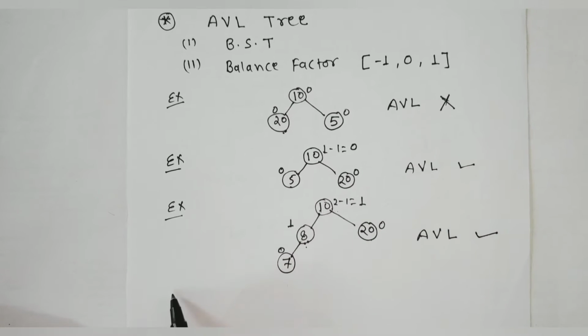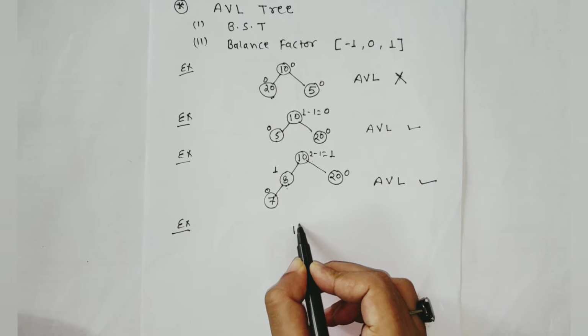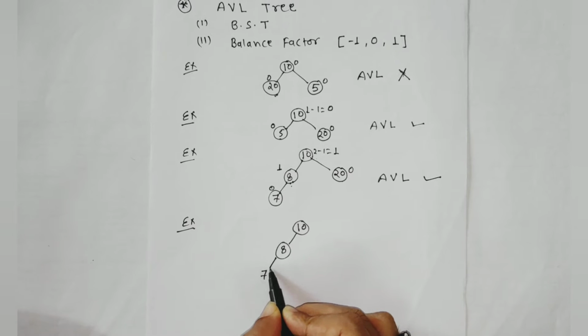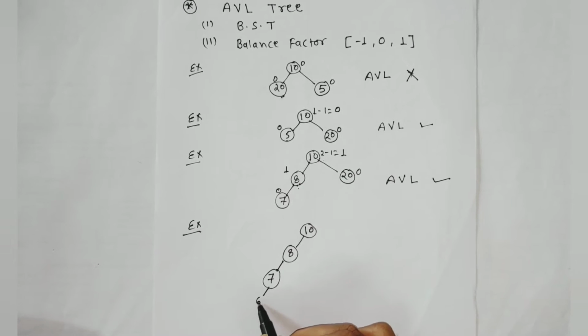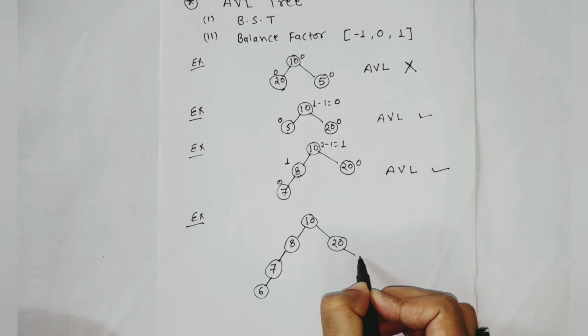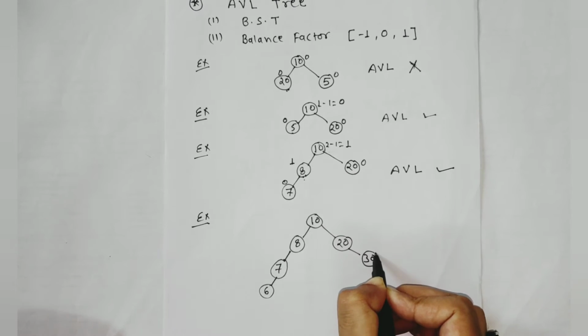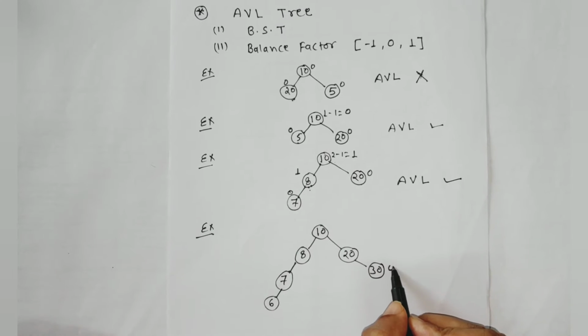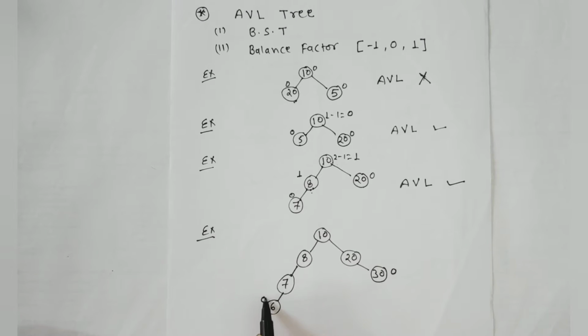Now let's see one more example. Suppose I have one node 10, then 8, then 7, then 6. Here I have 20 and 30. Now I want to find the balance factor of each node. The balance factor of leaf nodes will be 0.